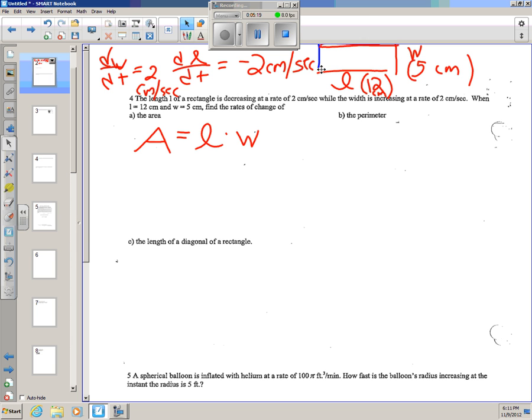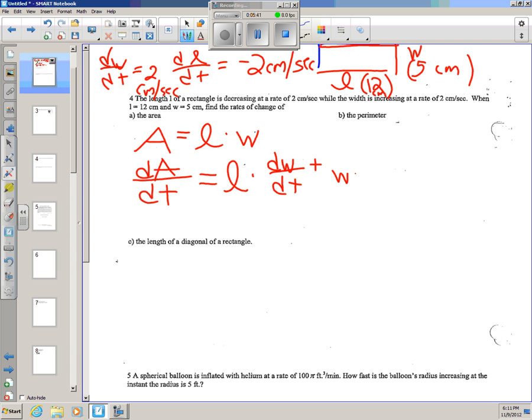Now let's look at how both sides are changing compared to time. So we put dA/dt, the change in area compared to the change in time. And then on the right-hand side, we have to use the product rule because we're multiplying variables. So we have L times dW/dt plus W times dL/dt.